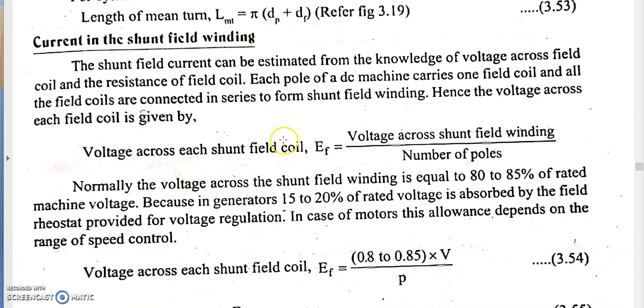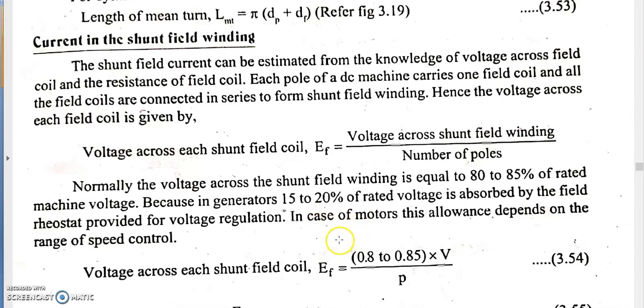So it is very well known to you. Actually we will be having the field regulator to vary the field in the system for voltage regulation purpose. So 15 to 20 percentage of the rated voltage applied across, because it is a shunt field winding design we are discussing. Whatever supply voltage is available will be across the shunt field winding.